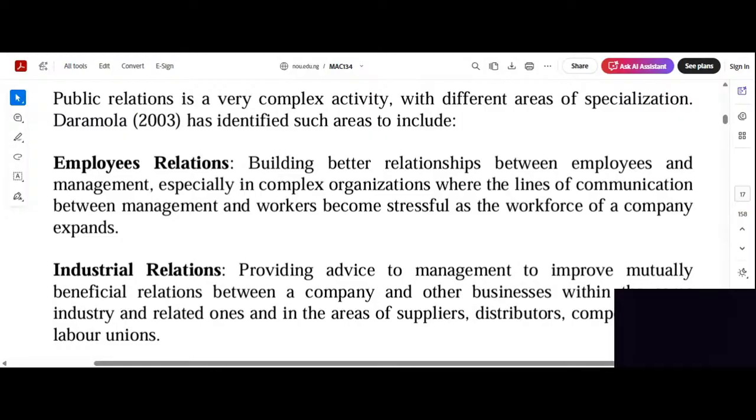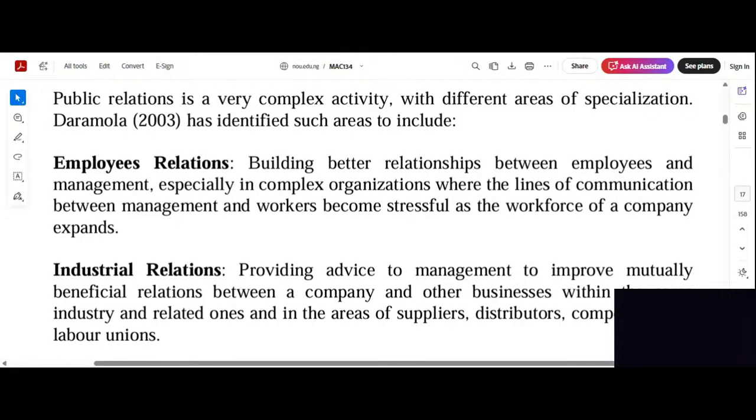Public relations will help to build better relationships between all the divisions that exist in an organization. So one area of specialization of public relations is employees relations.